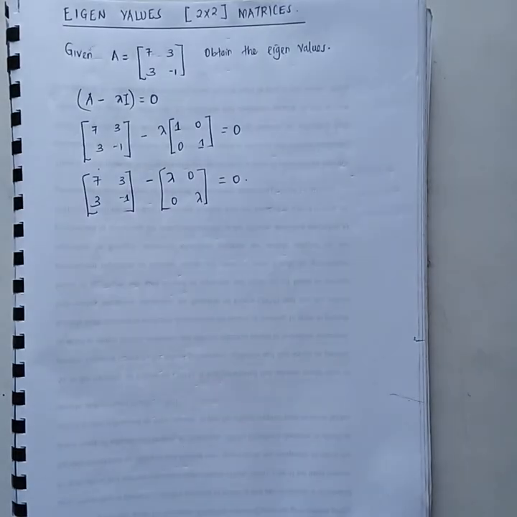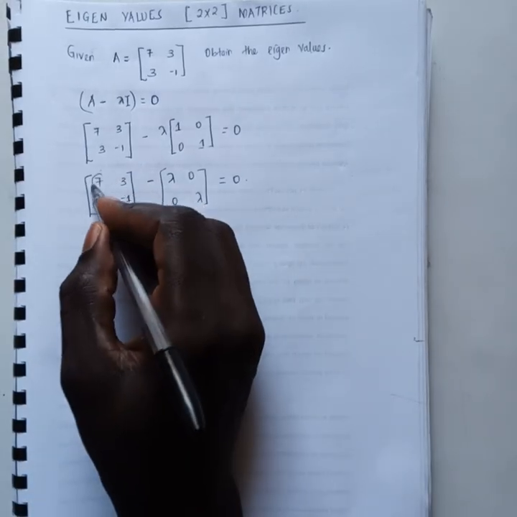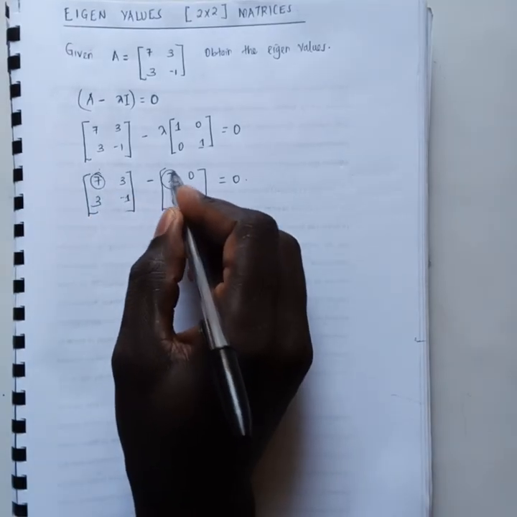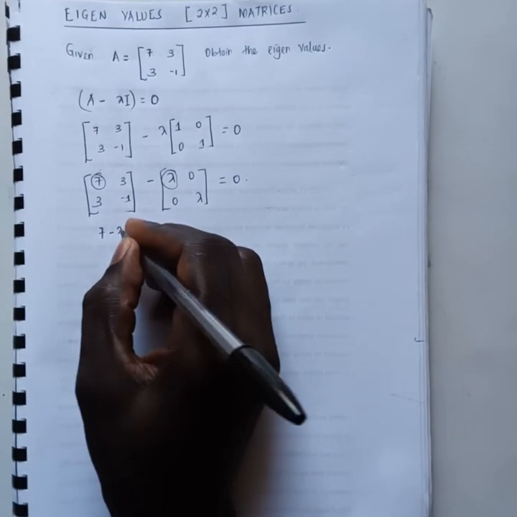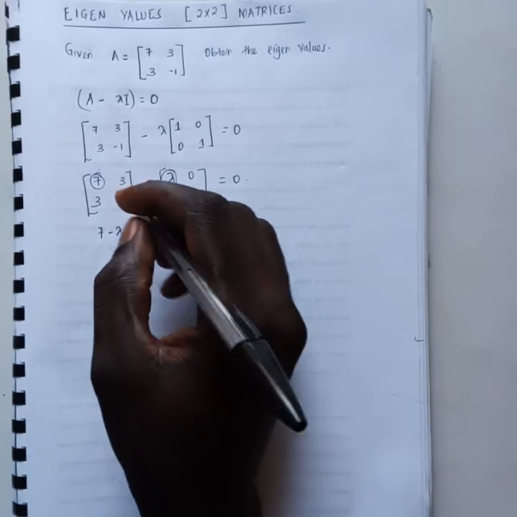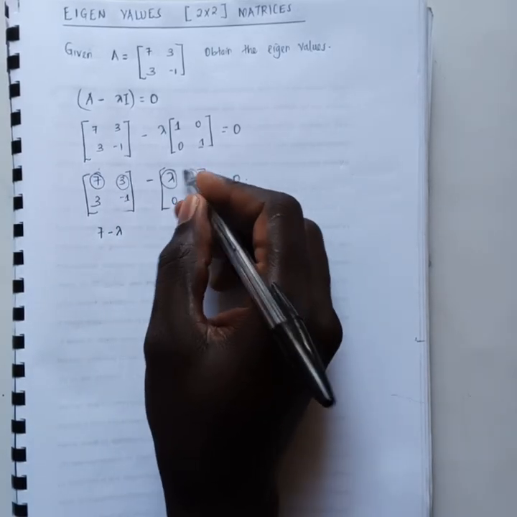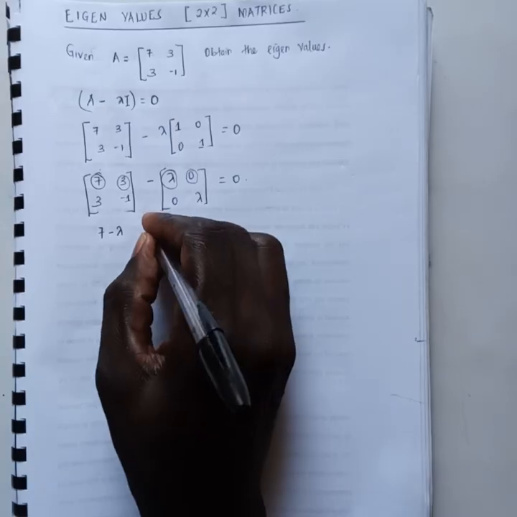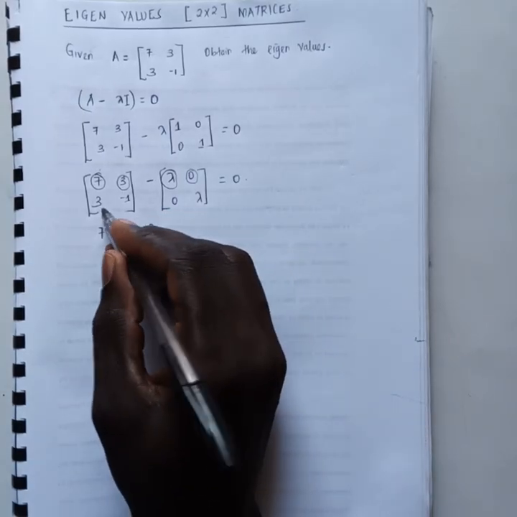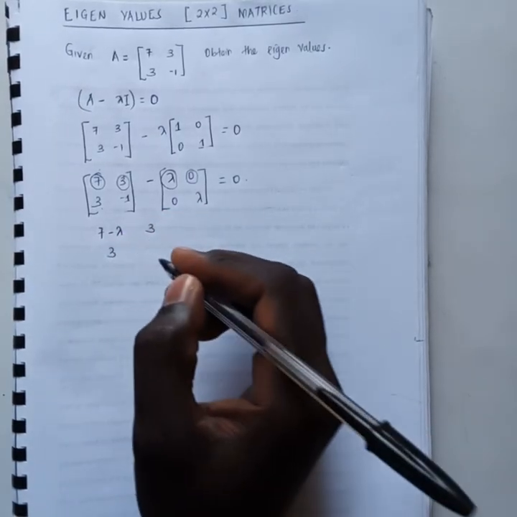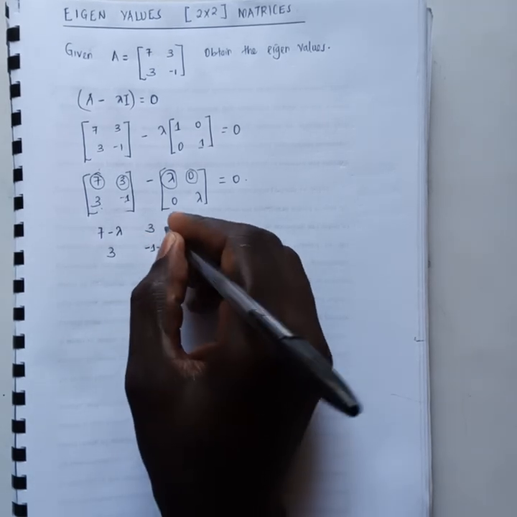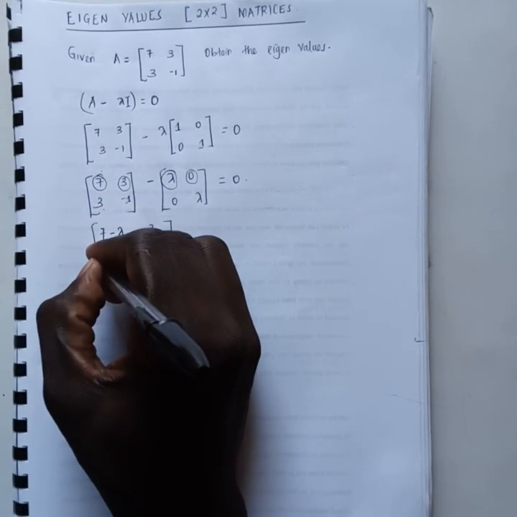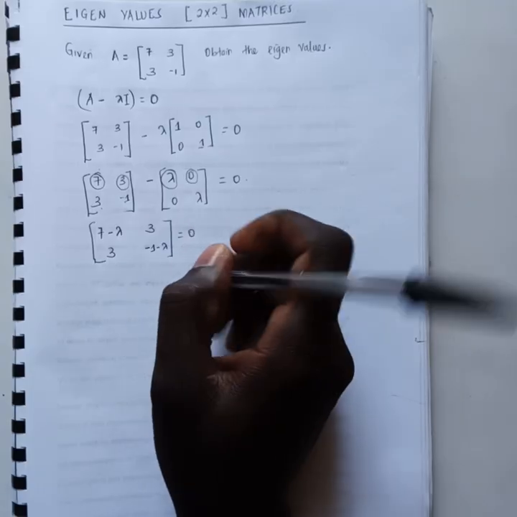So when we want to subtract matrices, we are going to say that we'll be having on row 1, column 1, we are going to subtract this value there. So we'll be having 7 minus lambda, and this one we are going to subtract this one. So 3 minus 0, you're going to get 3. 3 minus 0, you're going to get 3. And this one will be having negative 1 minus lambda.